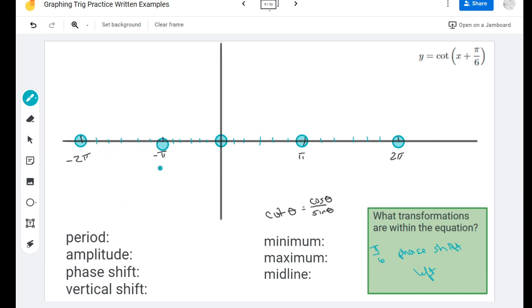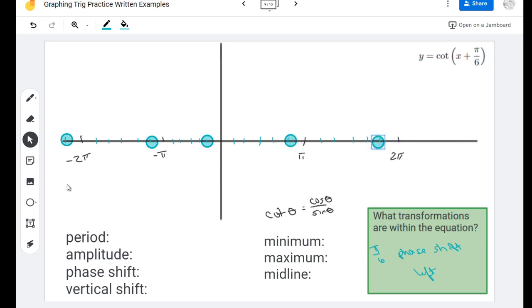All right, so now each of those tick marks is cut into sixths. So our asymptotes are all going to be scooted to the left by pi over 6. Got to add an extra asymptote there. So scoot, scoot, scoot, scoot, scoot.